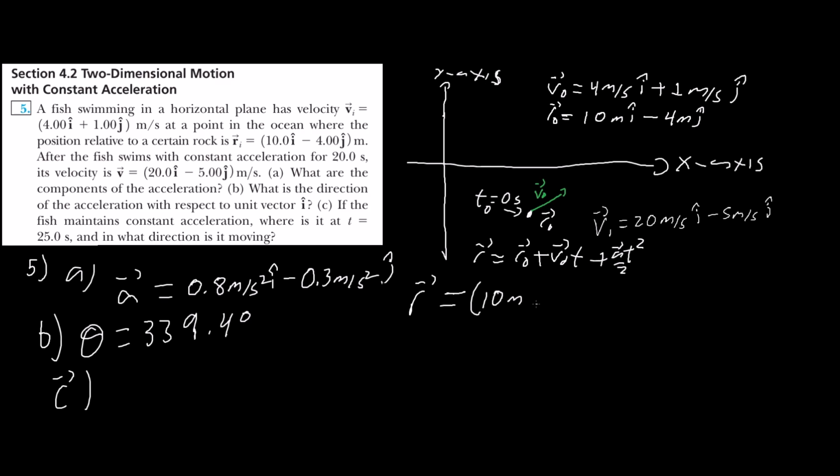So in other words, this is going to be 10 meters plus the initial velocity in the x component, which is 4 meters per second, times t, and since we're finding it at a specific time, let's just put 25 seconds already.